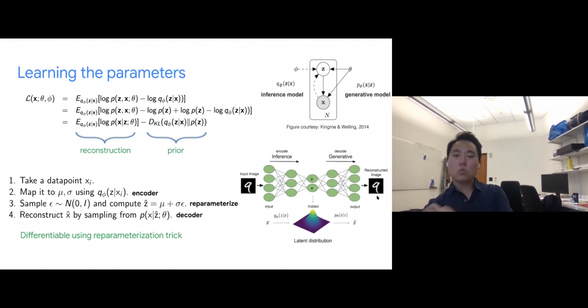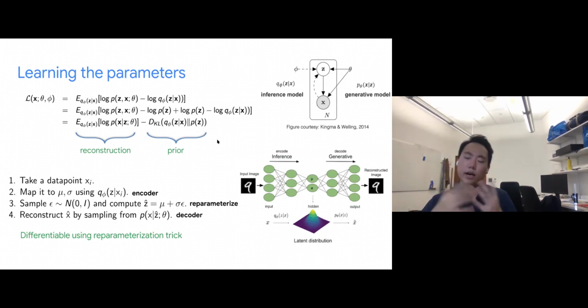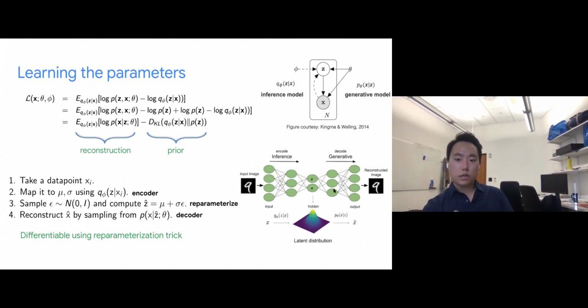And there are two losses. One is a reconstruction-based loss between the reconstructed image x hat and your original x. And another loss is this KL term between the distribution of latent variables that you predicted using your encoder, that's q of phi z given x, and the actual prior which you want these latent variables to have, which is your p of z.